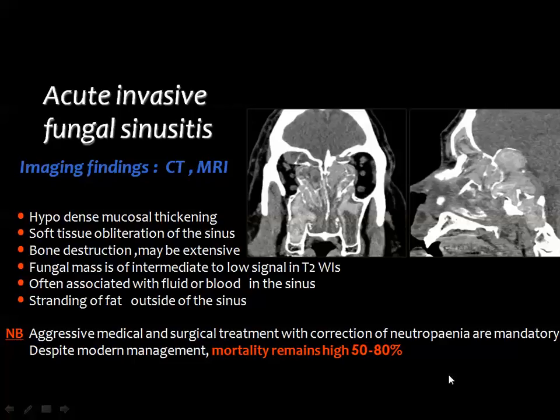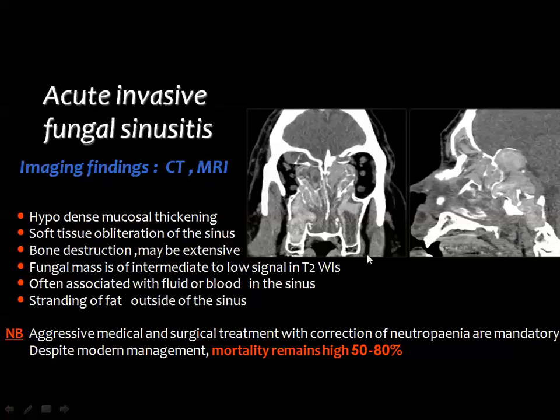The imaging findings of fungal sinusitis include the presence of soft tissue masses of hyperdensity on CT, relative increased signal in the T1, and very dark signal in the T2. If you inject contrast both in the CT and the MRI, the lesions will enhance.